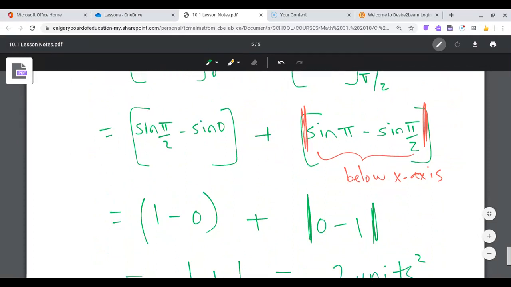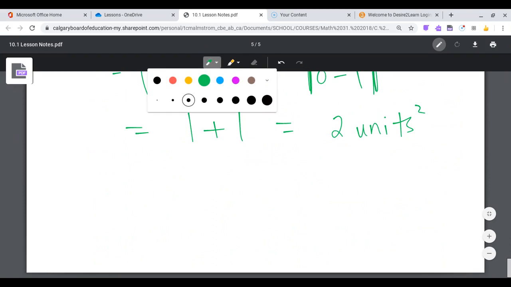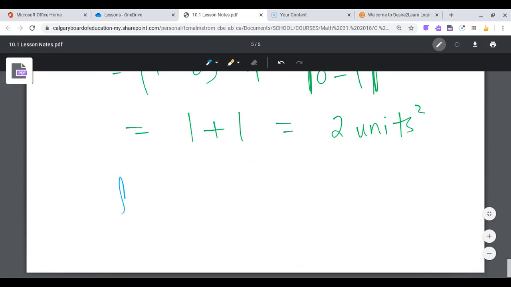All right, what else was I going to say in this lesson? Oh yeah, one last thing. It's really important to notice the difference between the area of a question and the integral. So if I had only asked you to calculate the definite integral of cos x dx, this answer would actually be 0. This would be where we would actually go 1 minus 1.